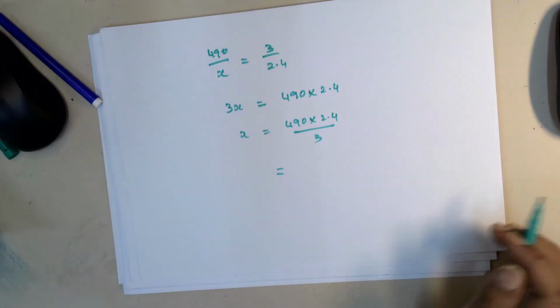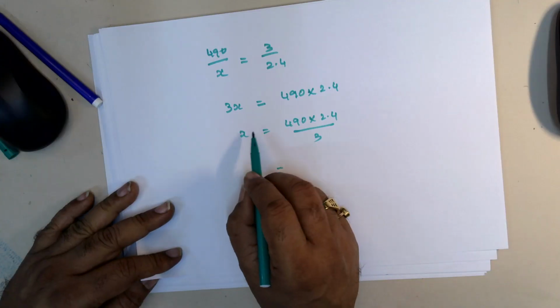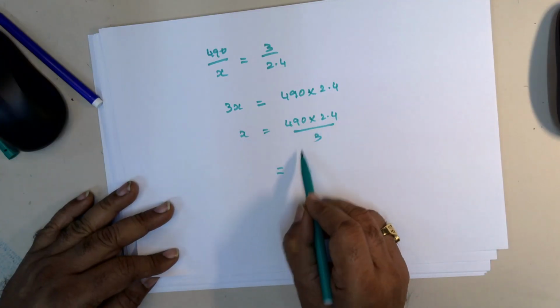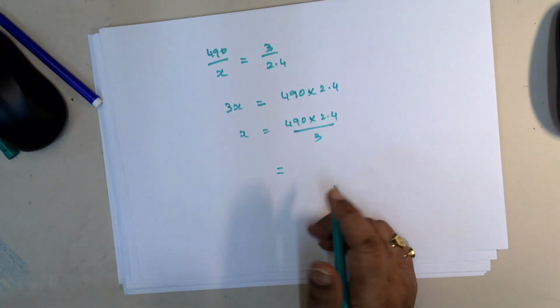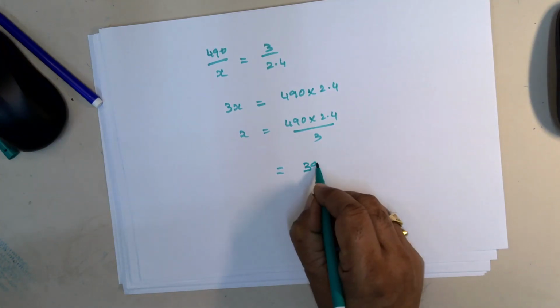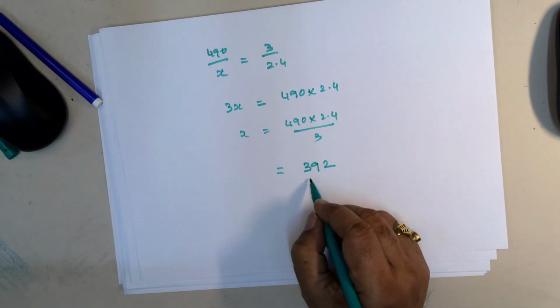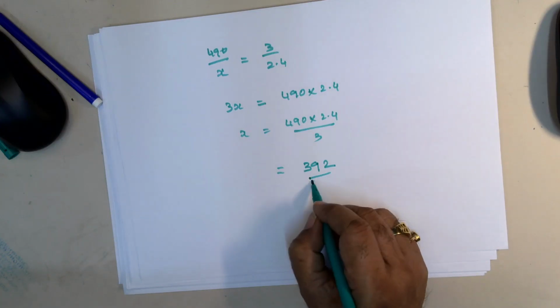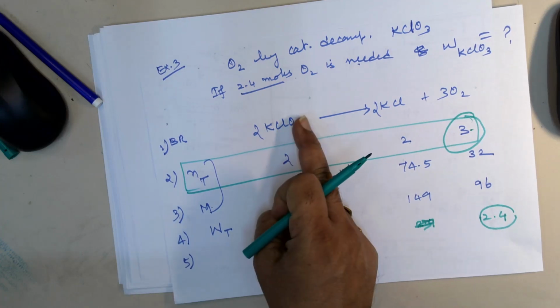Yeah, you are correct. So X can be what? How much? Okay, 392. But this 392 here is for 2 moles of KClO3.